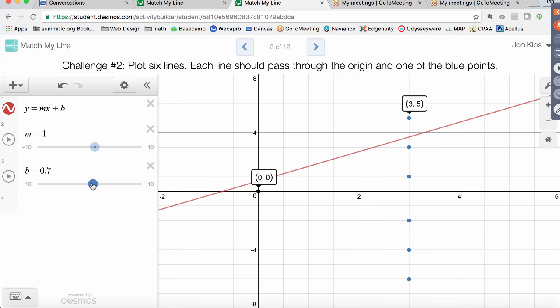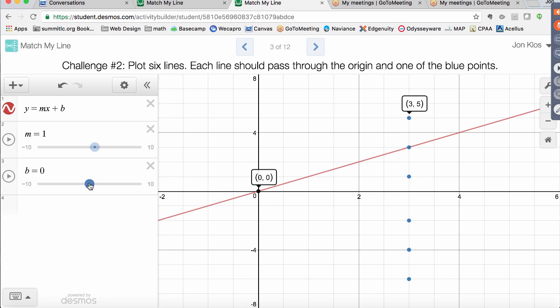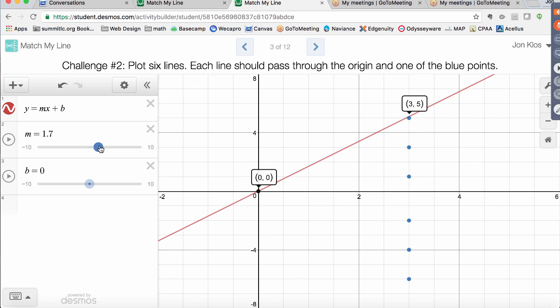And what I notice on this one now is to go through the origin, I need to have b be 0. Now m equals 1 is already one of the points, but let's make it first go through the top one. So I need to make it a little steeper, so let's make m bigger. That makes it steeper. We're almost there.